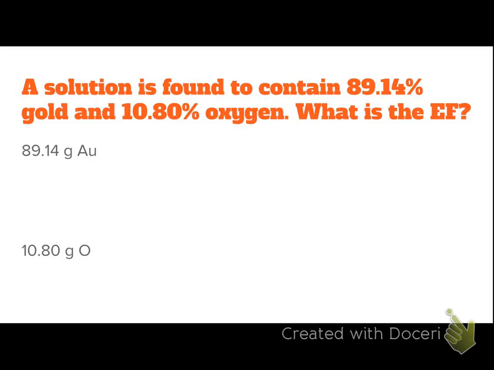Now, do I want grams? No, I want moles. So 89.14 grams of gold. Now to find that, we're going to have to use our molar mass, 196.97 grams, 1 mole. You should be doing this with me, not just watching, because you want to make sure that you're getting the same answers.